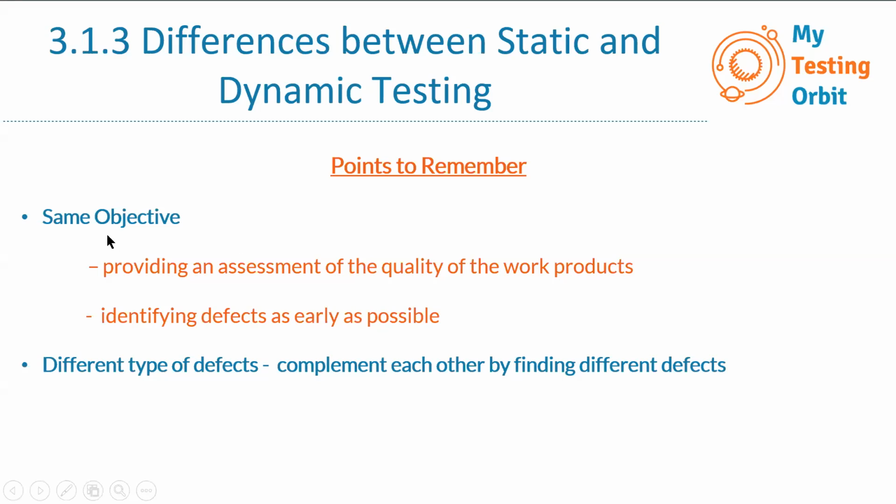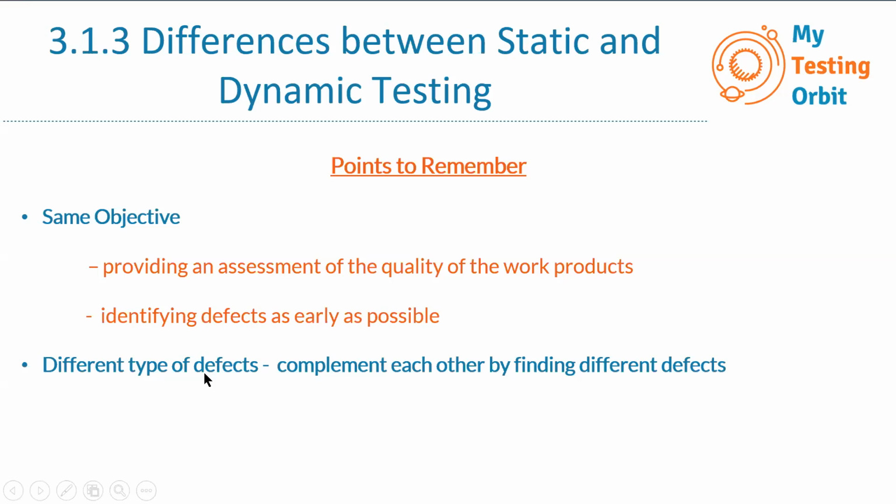First of all, same objective. Whether it's static or dynamic testing, the objectives for both are the same. The objective is to provide an assessment of the quality of the work products and identify defects as early as possible. So yes, the types of testing are different, but at the end, the objective is the same.